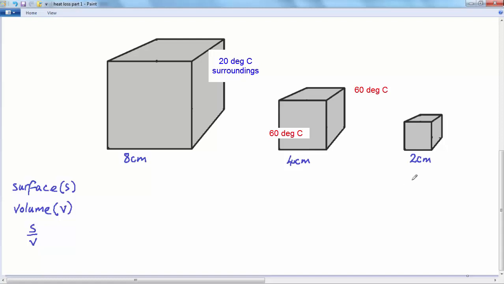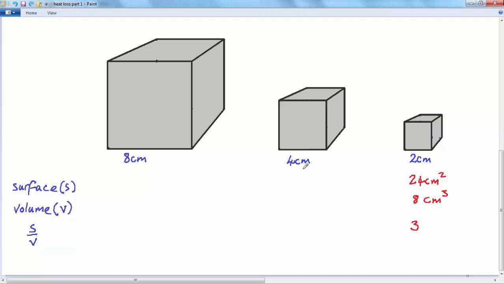Our surface area of the small cube is 2 times 2, so each face is 4 centimeters squared, multiplied by 6 is 24 centimeters squared, while its volume is 2 times 2 times 2, which is 8 centimeters cubed. So this important ratio, S to V ratio in this case, is 3.